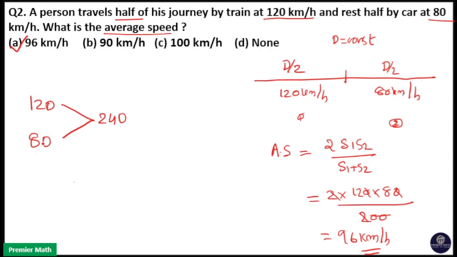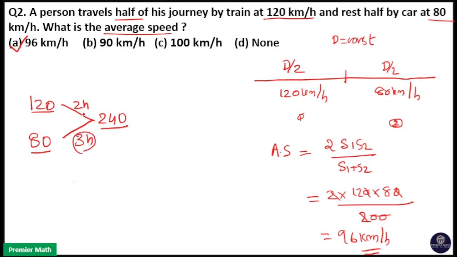Here 80 goes 3 times in 240 and 120 goes 2 times in 240. That means to cover 240 km distance at 120 km per hour, train takes 2 hours. Same way to cover 240 km distance at 80 km per hour speed, train takes 3 hours.